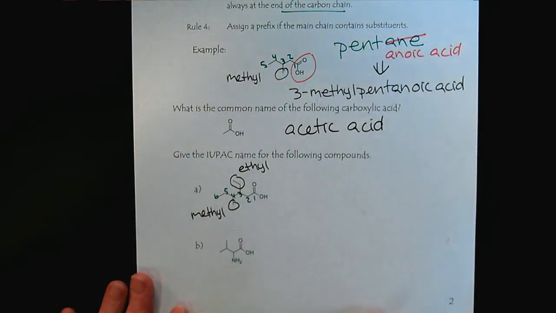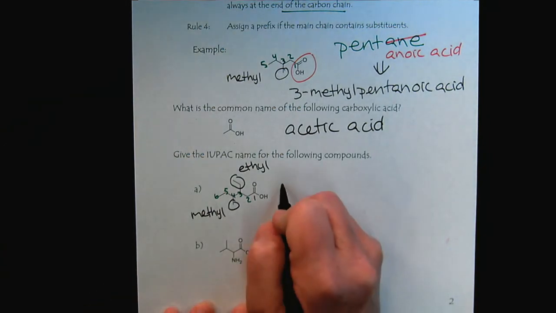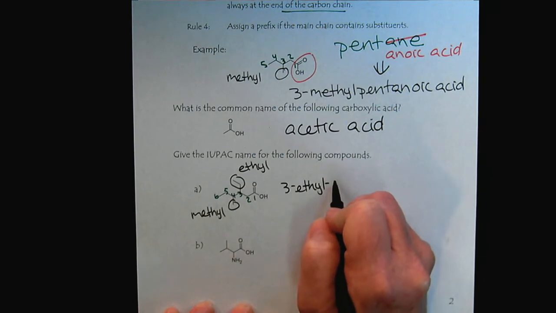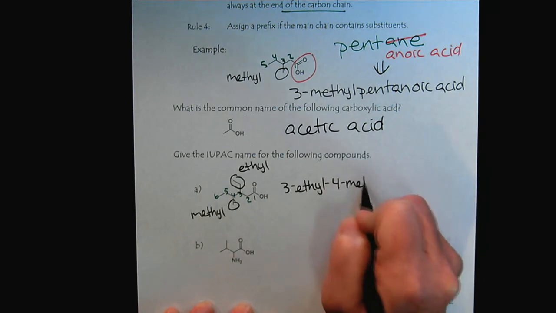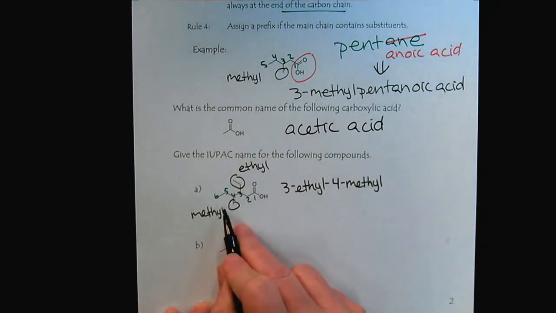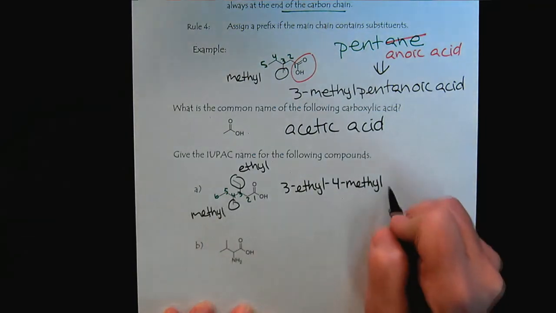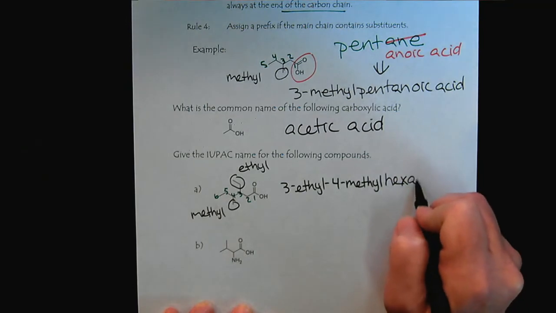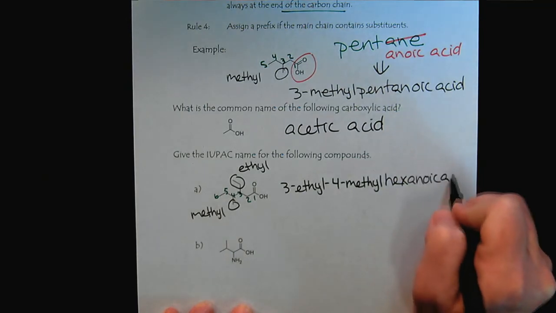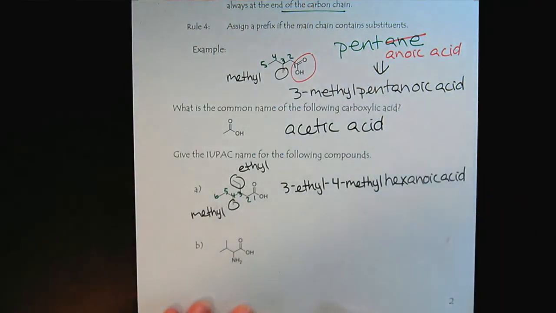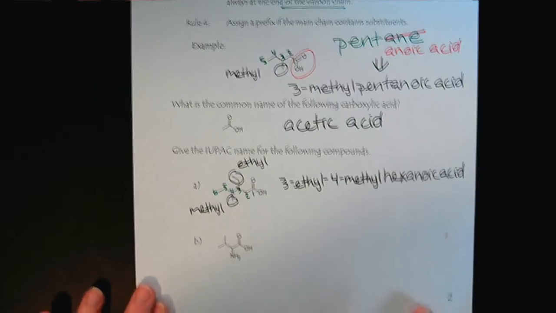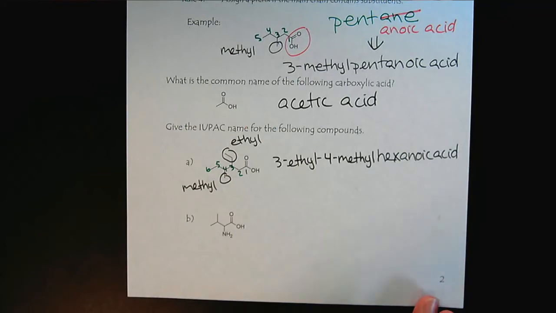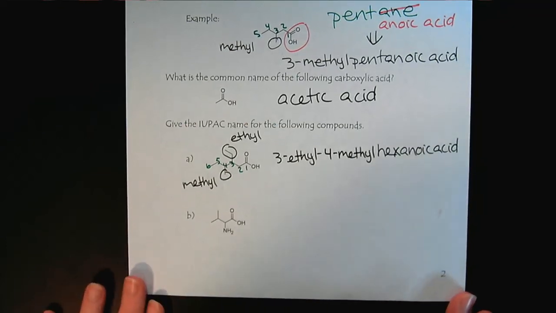So now we can go ahead and name this acid. 3-ethyl, 4-methyl, right? Homologous series 6 would be hex, and then hexanoic acid. There we go.